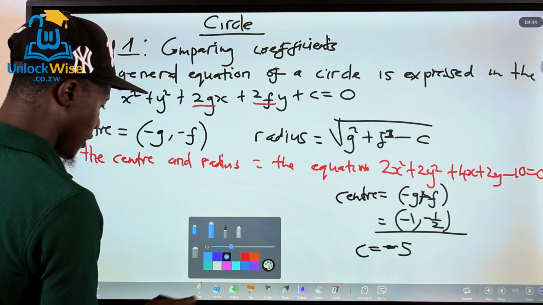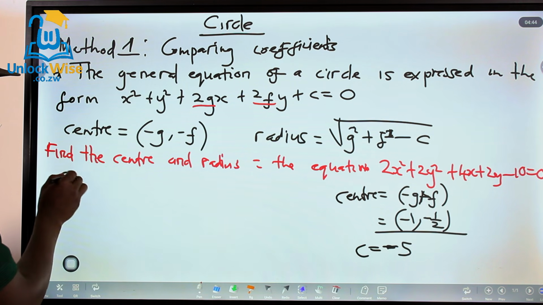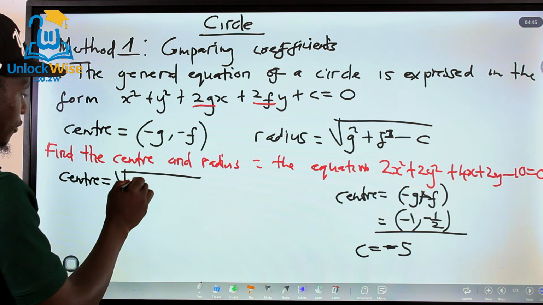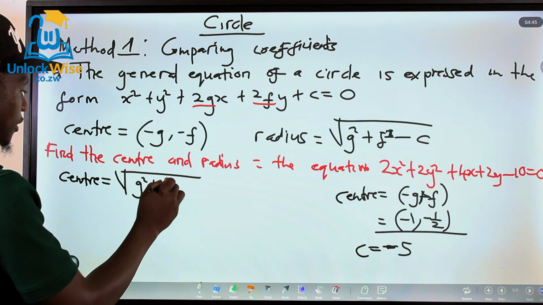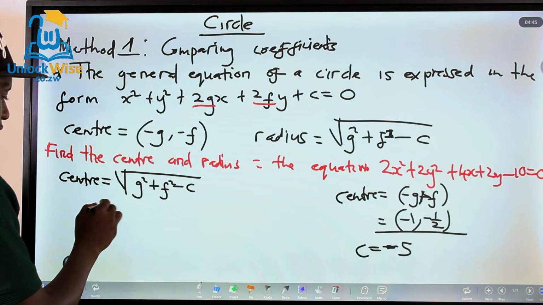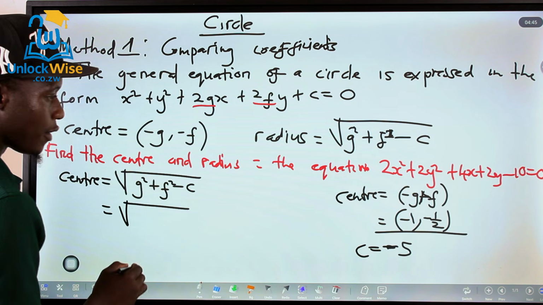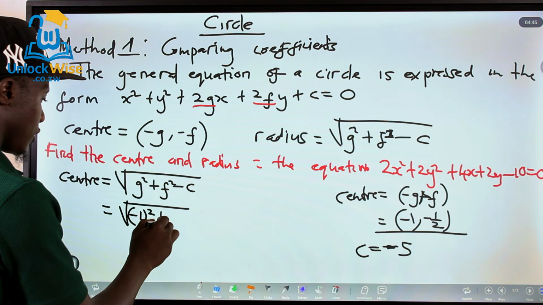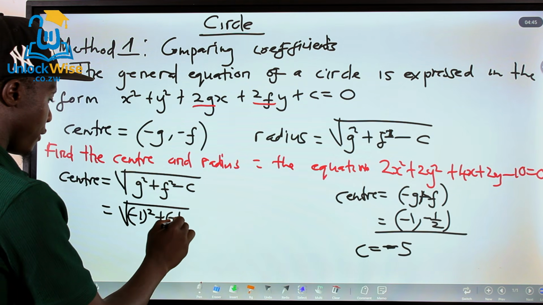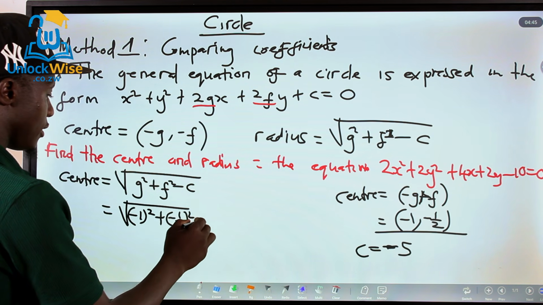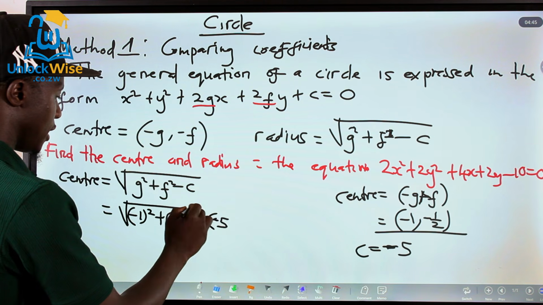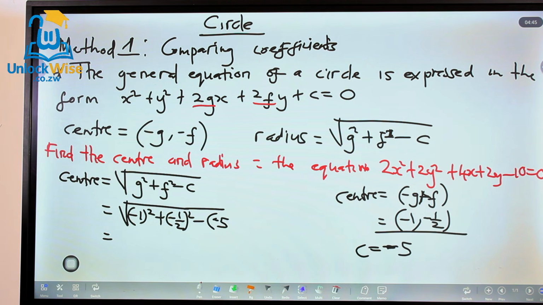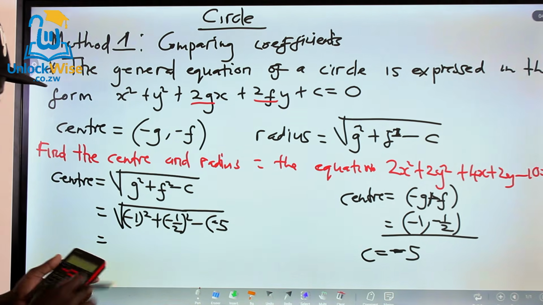For the radius, it is equal to the square root of g squared plus f squared minus c. That is the square root of (-1) squared plus (-half) squared minus (-5). All you have to do is use a calculator.